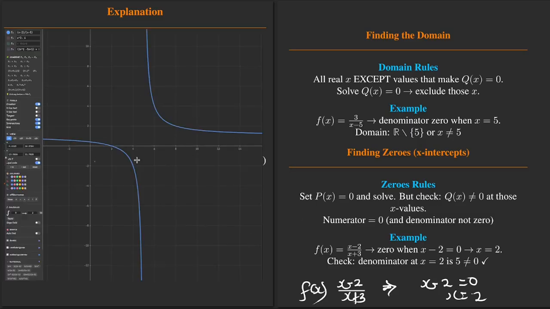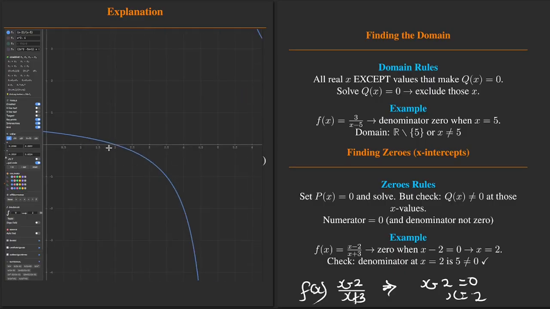So graphically, this is the function x minus 2 all over x plus 3. Now, when we say the zero of this particular rational function, then where do we have the rational function having a y component of 0? This is our y-axis, you see, and then y equals 0 at this point. But if you trace it to where it intersects the function, that happens at x equals 2.